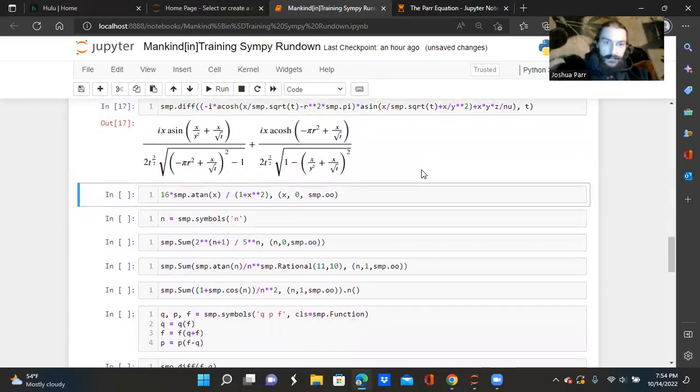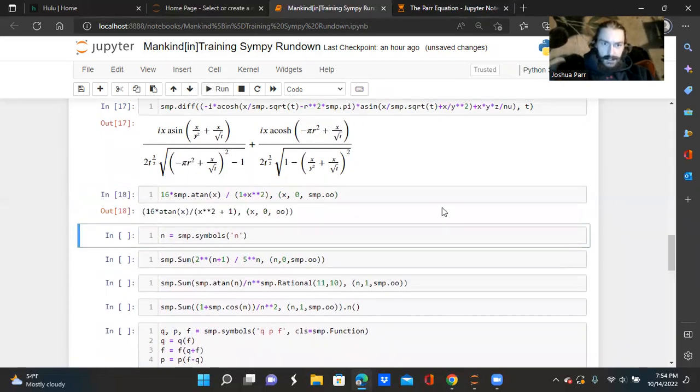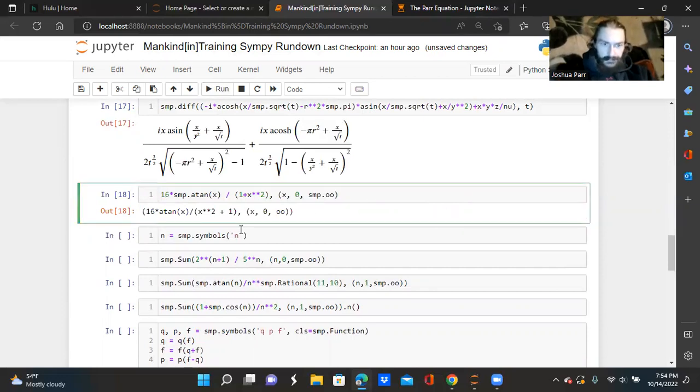So now what we have here is a symbolic expression, and what it is representing is a series, a summation. What I'm going to do here is SMP.sum, capital S. That would have been not good.